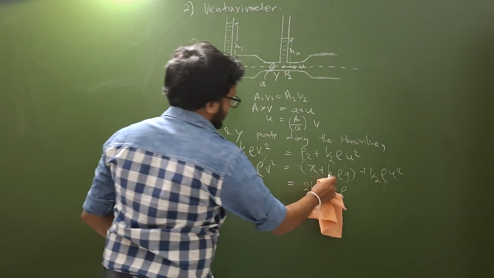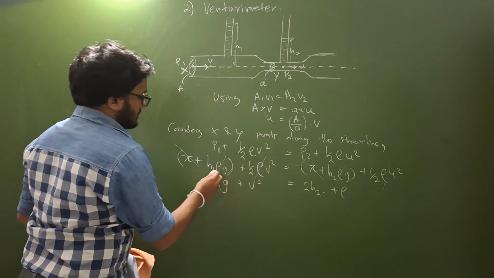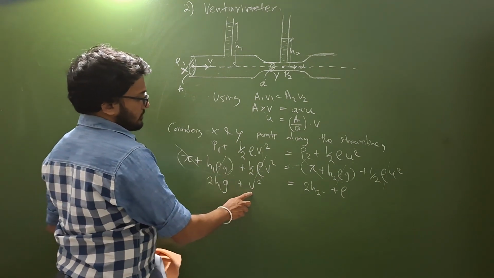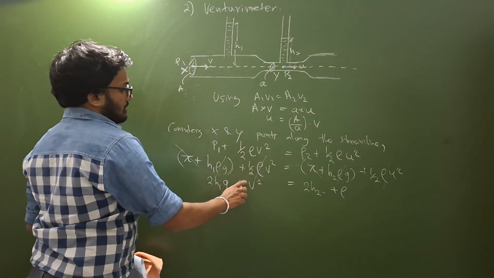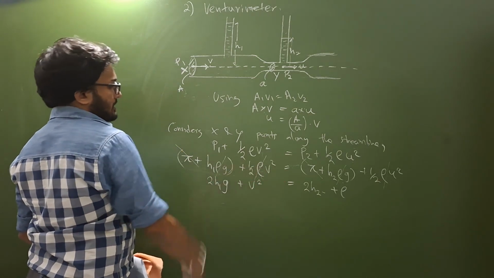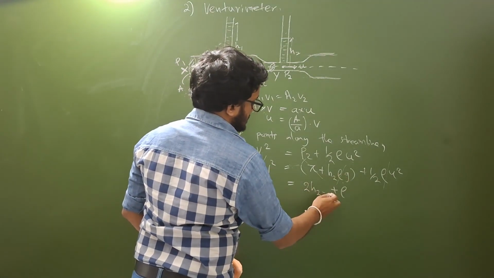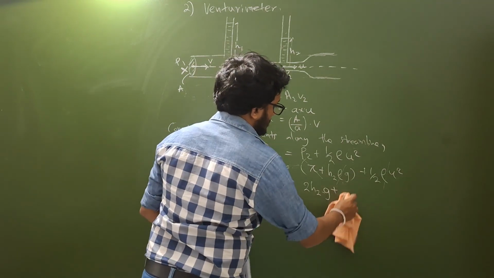We cancelled out rho, so it should not be rho, it is G. The half is not there anymore because we multiplied by 2. Here we get 2 H2 G, and here I have only U squared.